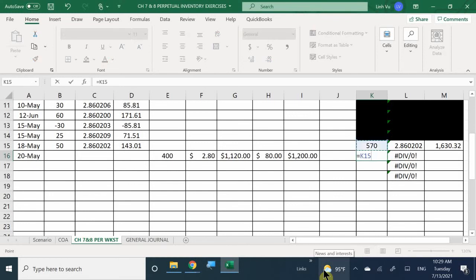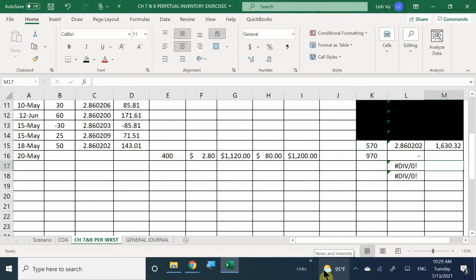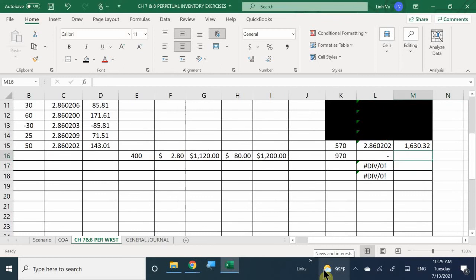So if I have 570 and I added 400, how many items do I have? 970. Okay? Same thing with my total cost here. If I started out with 1,630.32 plus my 1,200, I got 2,830.32.